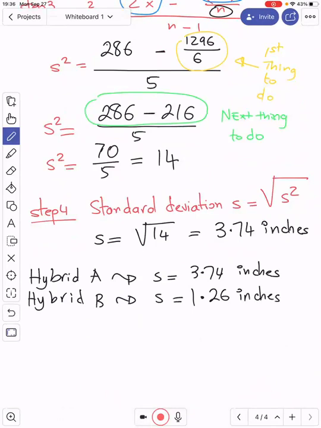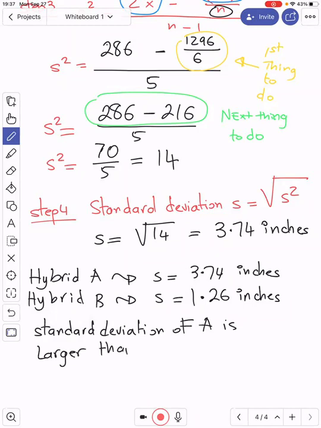So as you can see, guys, the standard deviation of hybrid A is larger than the standard deviation of hybrid B, which means, as we said, the hybrid A has more variation.